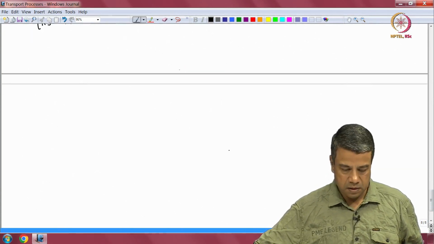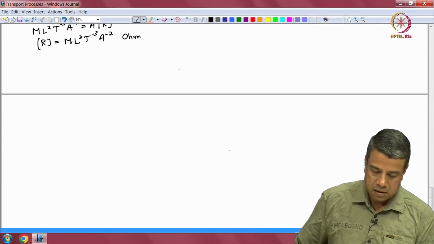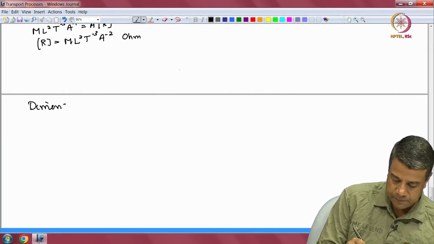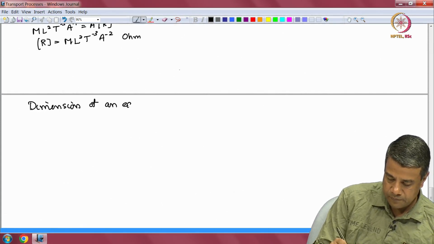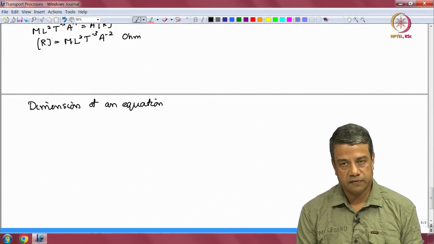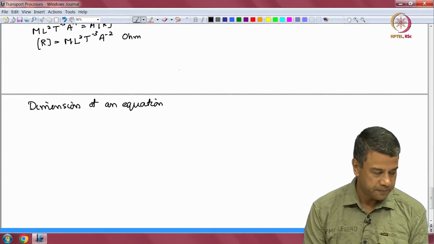Now, next we will consider the dimension of an equation. All additive terms in an equation have to have the same dimension, and that is the dimension of the equation.